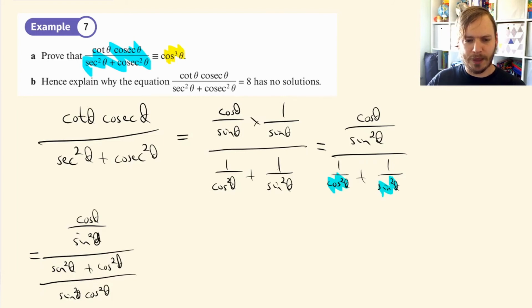And before we tidy up another notch by getting rid of some of these embedded fractions, we just need to notice something. Right here we have what is hopefully a very familiar identity. Sine squared plus cos squared in fact equals 1.